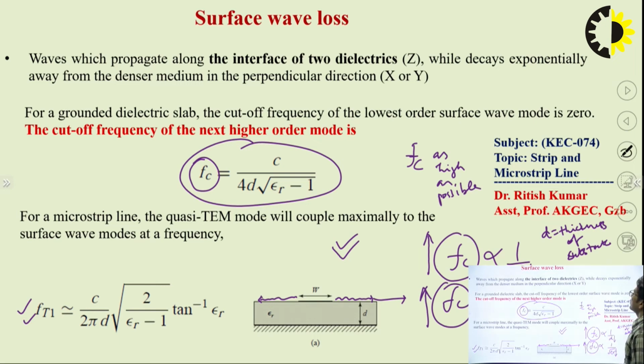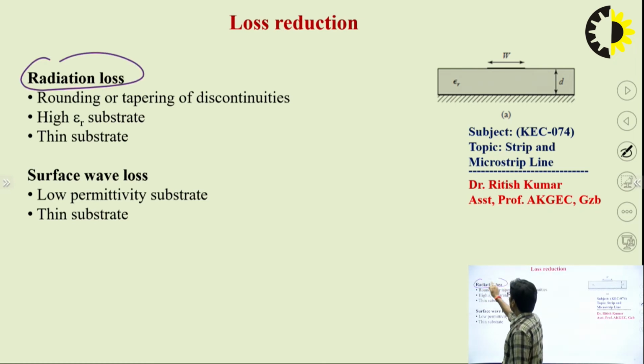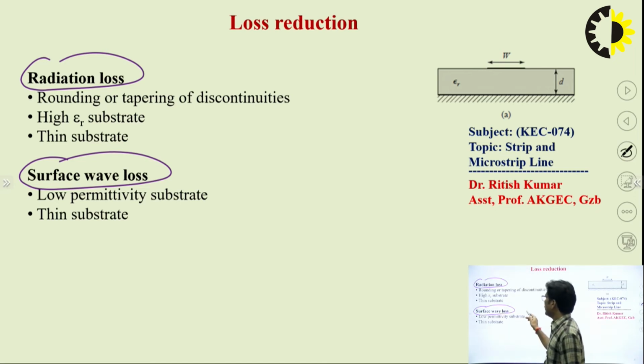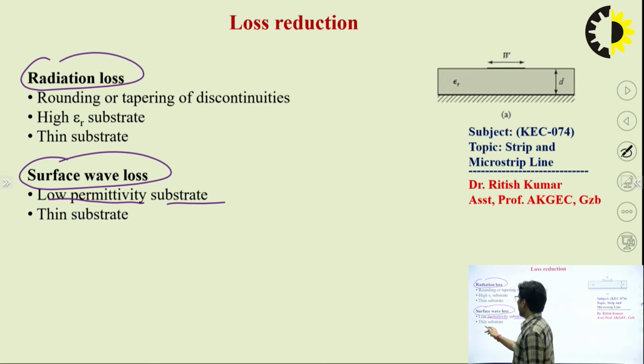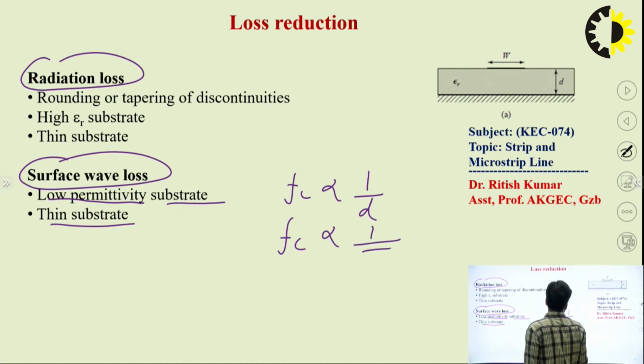So next one is the loss reduction. As we discussed earlier, radiation loss and surface wave loss. In the last slide we discussed that to minimize the surface wave loss, we need to take a low permittivity and thin substrate, because Fc is inversely proportional to D and to epsilon r.